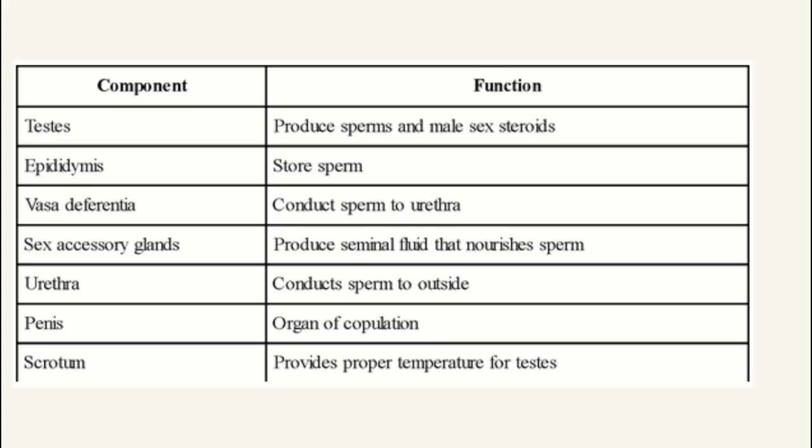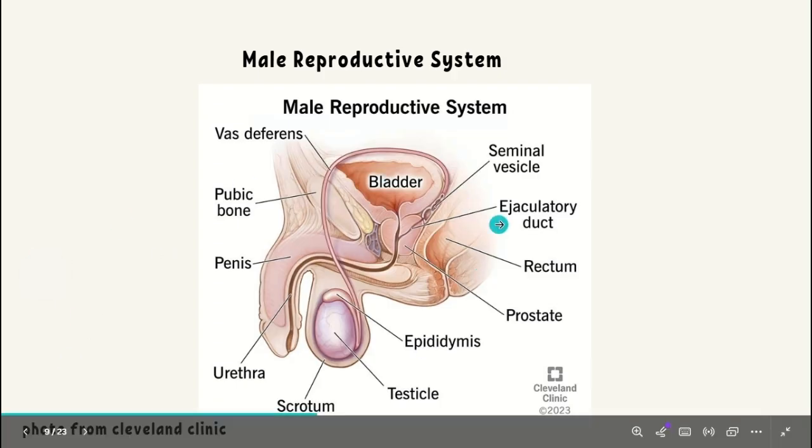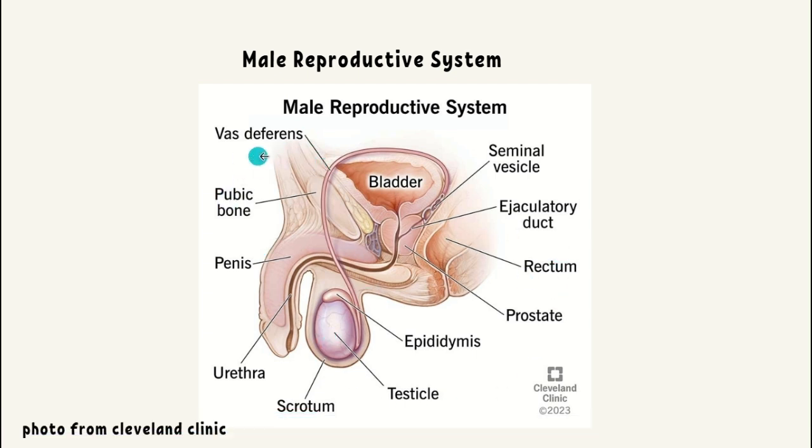Now, if we go back on the diagram, I will look at it more in depth. So basically, the vas deferens, we always pronounce it a different way, is a muscular tube that carries sperm from the epididymis.